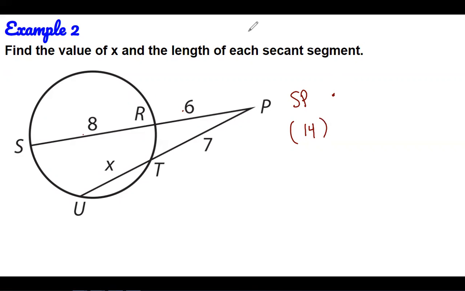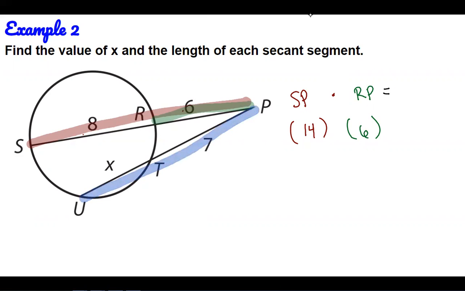Let me highlight my secant first and then highlight the exterior. Here's my secant. What's the exterior piece of that secant? RP, from R to P, and it measures 6. Perfect.